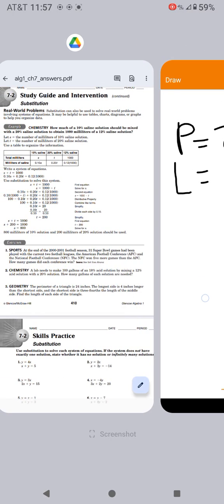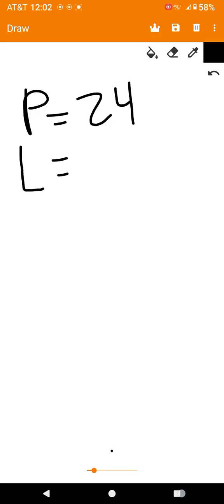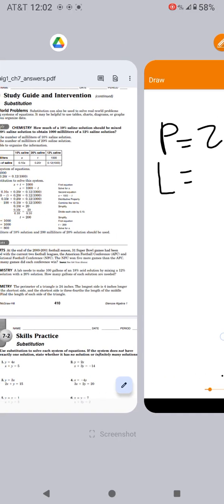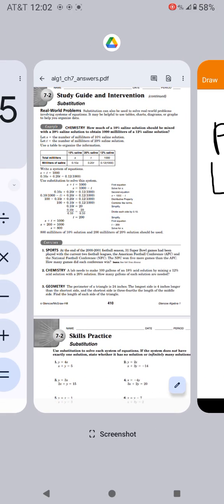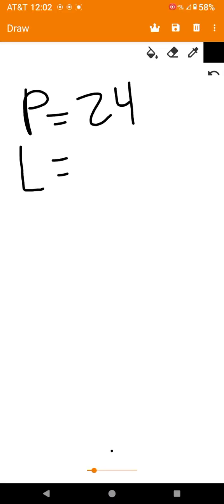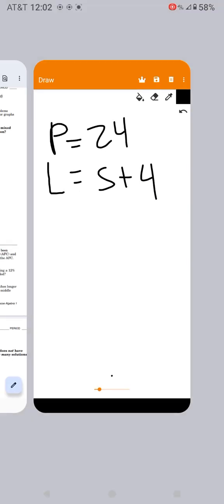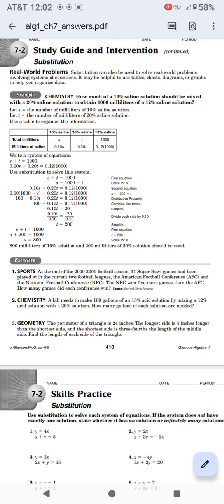All right, so it said that the length was 4 inches longer than the shorter length. So we just represent shorter length by S. So whatever the shorter length is plus 4 inches. And then it says the shortest side is 3/4 the length of the middle side.